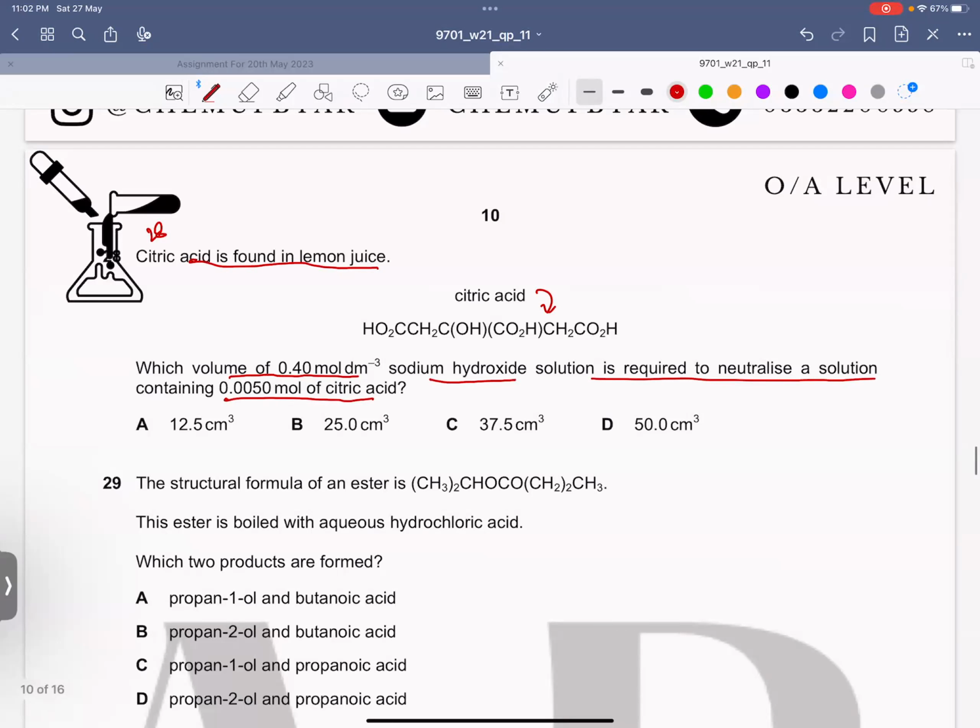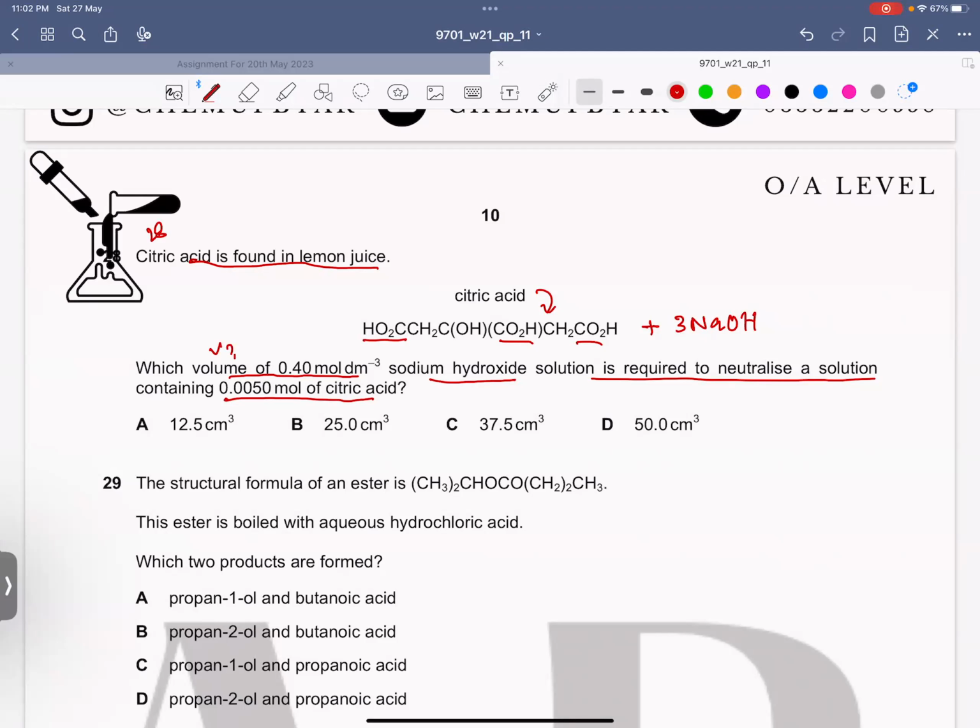So if you look at this, how many acids do we have? 1, 2, 3. So it means 1 mole of citric acid reacts with 3 moles of sodium hydroxide. We are provided with the concentration, and we have to find the volume, right?